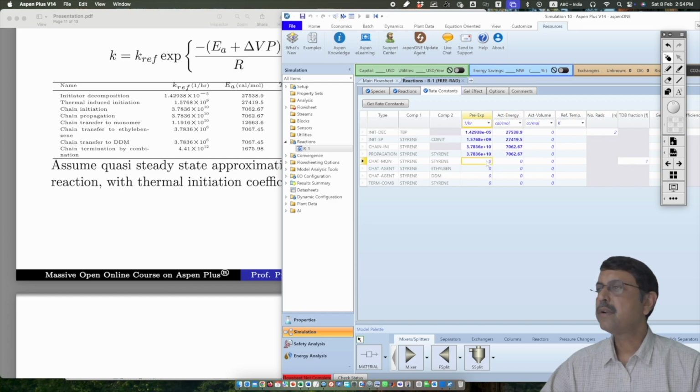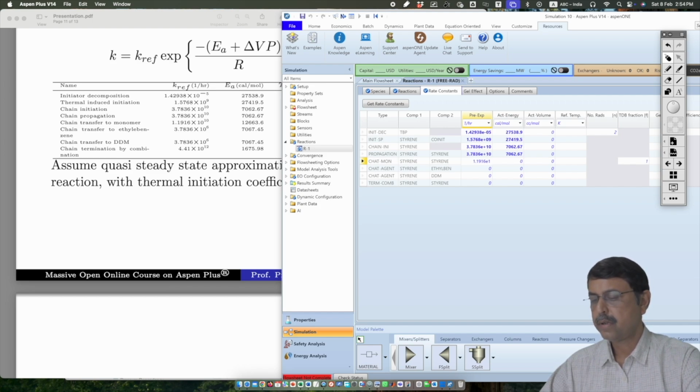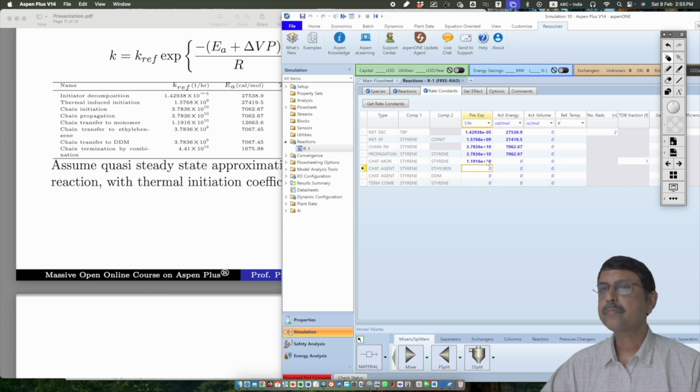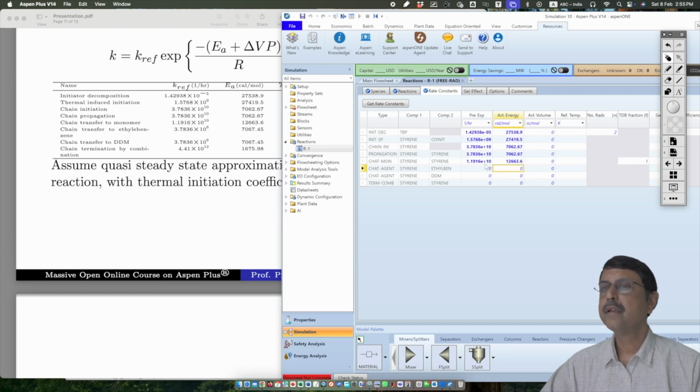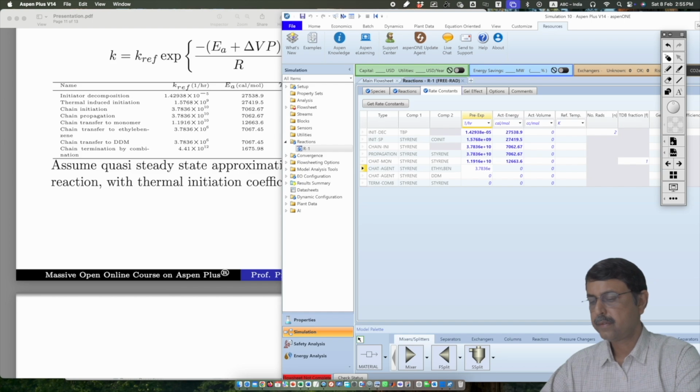Then chain transfer to monomer, it is 1.1916, 10 to the power 10. Here it is 12663.6. Then this one 3.7836, 10 to the power 6.